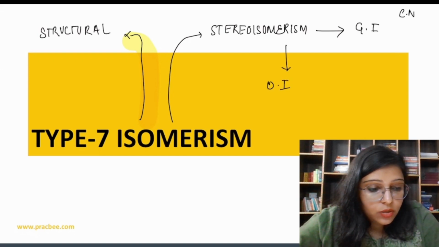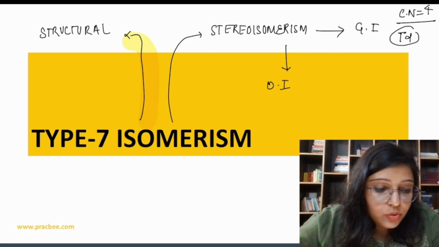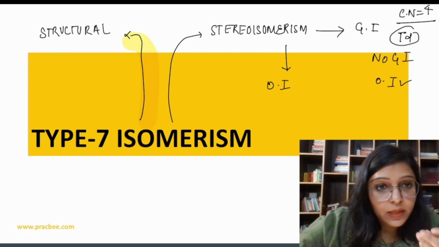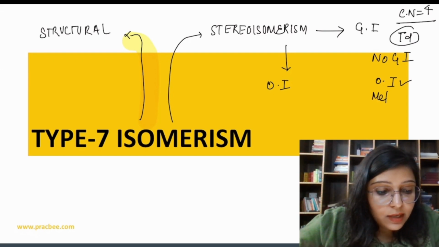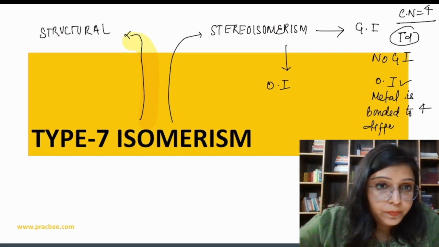In coordination number 4, if the geometry is tetrahedral, there is no geometrical isomerism, but we have optical isomers if the metal is chiral, or bonded to 4 different groups.